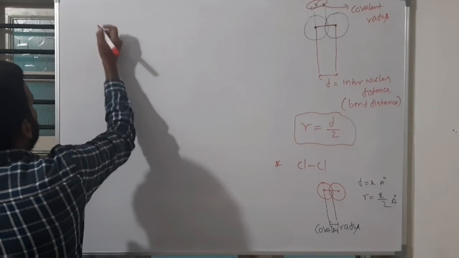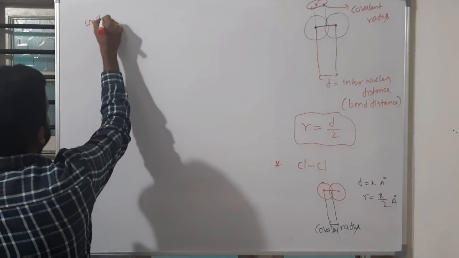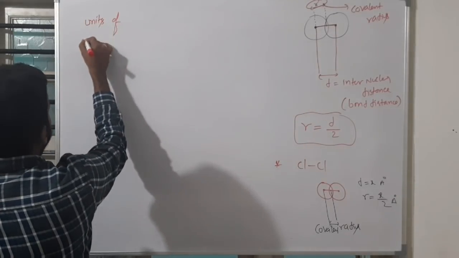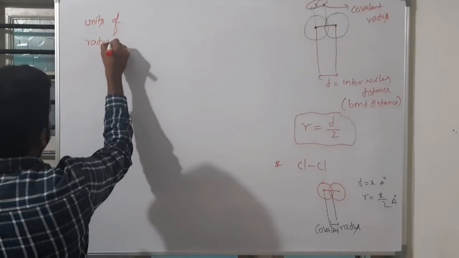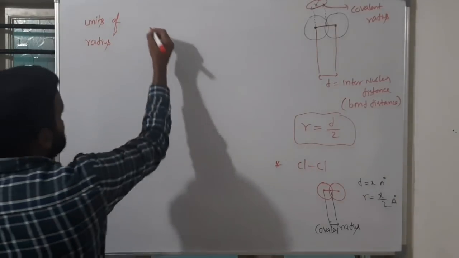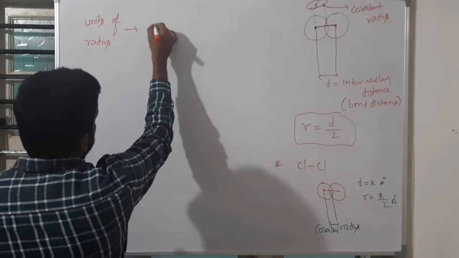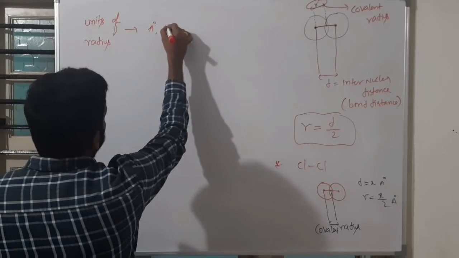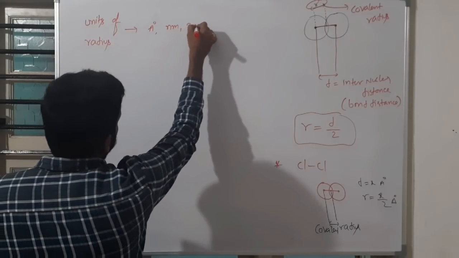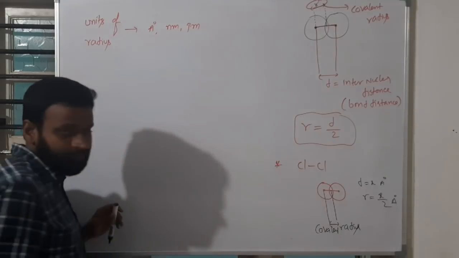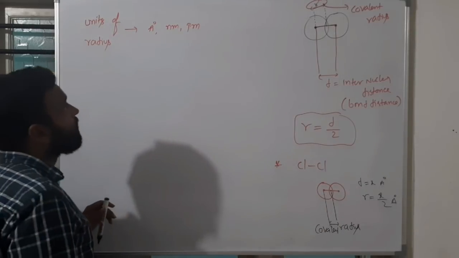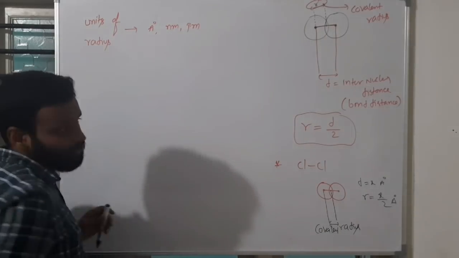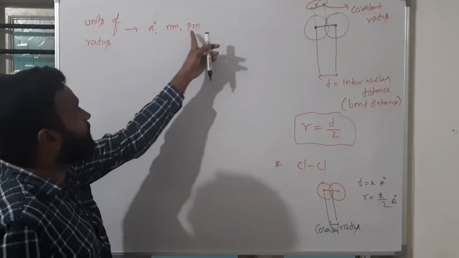Now what are the units? Units of radius are small units of length: angstrom, nanometer, picometer, micrometer, like that. Usually they give angstrom, nanometer, picometer.